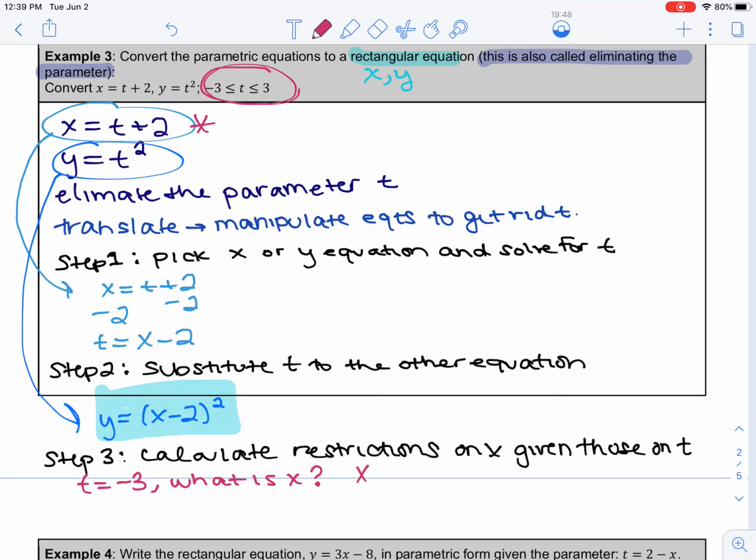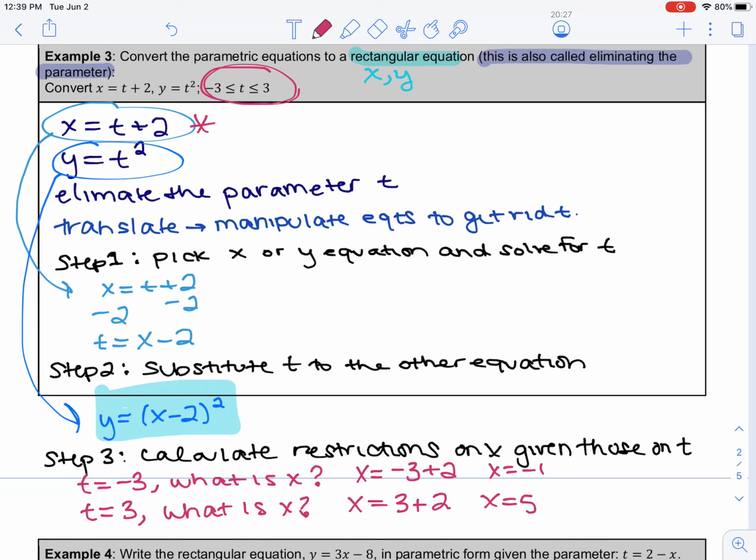We are told that values of x can be found by taking values of t, so here that would be -3, and adding it to 2. So when t is equal to -3, we find that x is equal to -1. Then we need to analyze the upper bound of t, that when t is equal to 3, we want to know what is the value of x. And so we can find from our equation of x of t that when t is equal to 3, x equals 5.